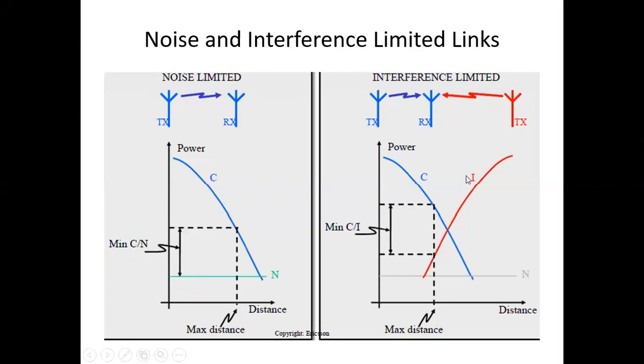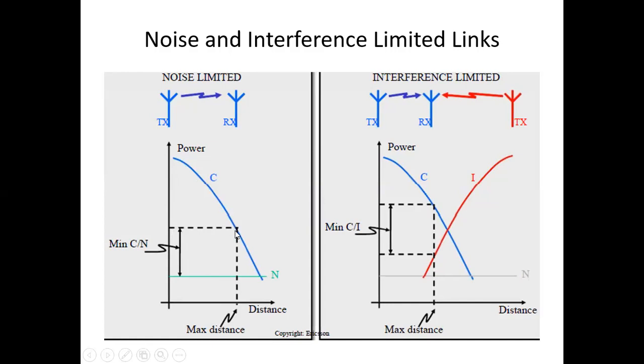So on the right side, you have noise and also interference. On the left side, I don't know how much you could hear. On the right side, there is a maximum distance, and the C by N will degrade as you go further from the transmitter, and so at a particular distance, you have the minimum C by N permissible.